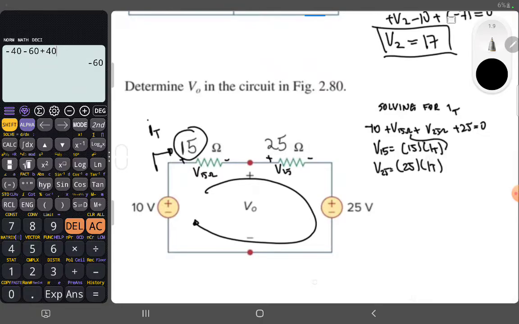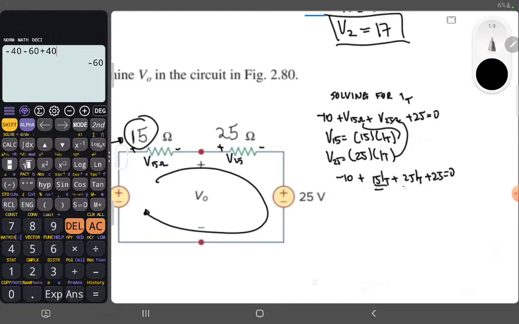Simply substitute natin to dito. I will have negative 10 plus 15 I total plus 25 I total plus 25 equals 0. So from here, I will have 15 plus 25. So 15 plus 25 is 40, right? So meron tayong 40 I total.